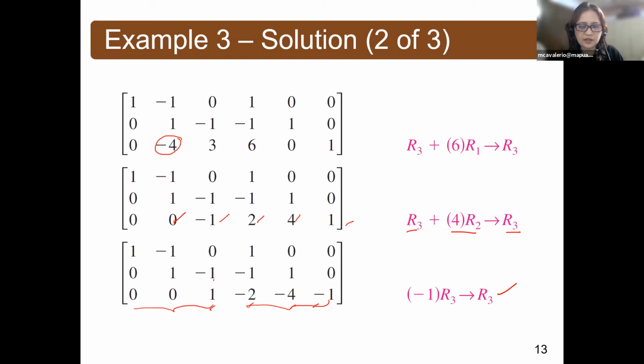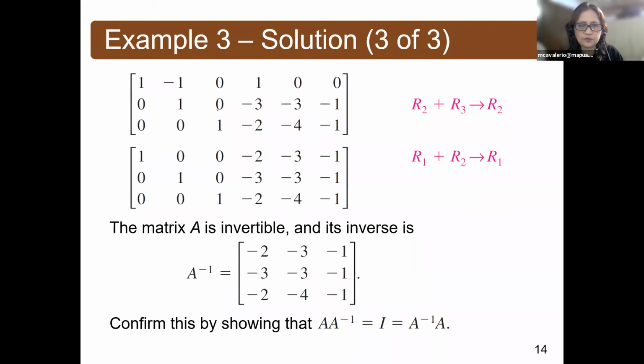Say, adding row 2 with row 3 to give the new row 2. This one is changed to 0, as well as the entries here. And then we need to change this to 0 now by adding row 2 and row 1 to be the new row 1. So this becomes 0, and then you have 0, and then simply adding up row 2 with row 1, we will have negative 3 plus 1, that would be negative 2. Negative 3 plus 0 is still negative 3. Negative 1 plus 0 is still negative 1.